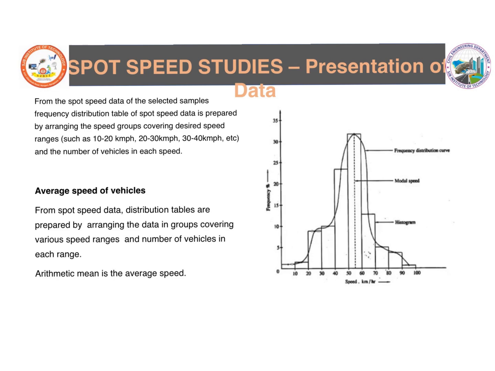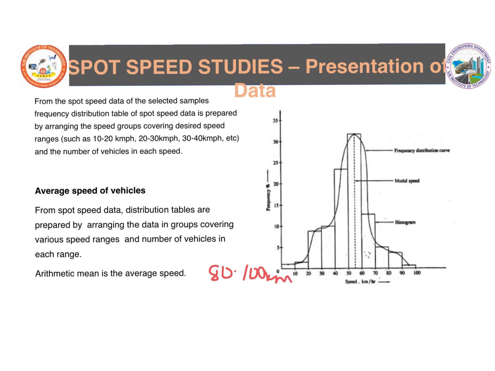Now, for spot speed study representation, the first thing is that you have to group all the data you have collected into particular speed groups. How do you decide the speed groups? For example, take an NH, a national highway. Your speed value will be 80 to 100 kmph.